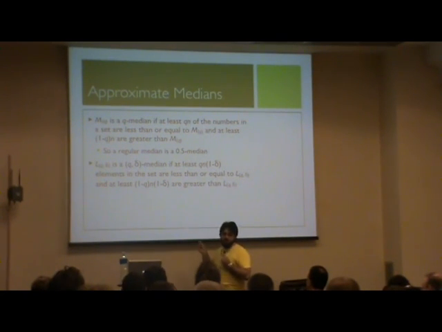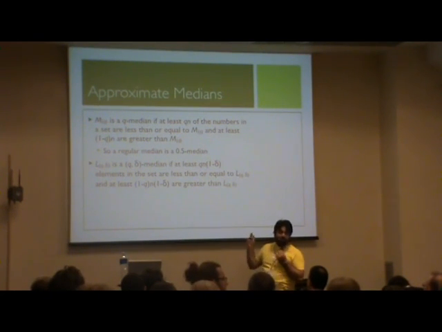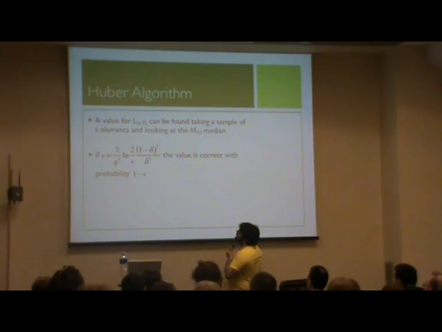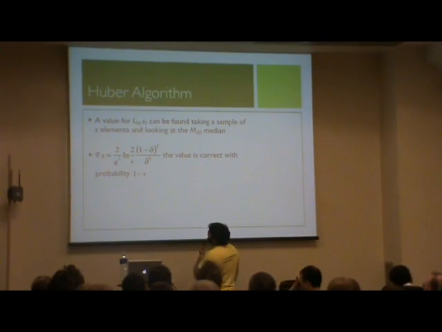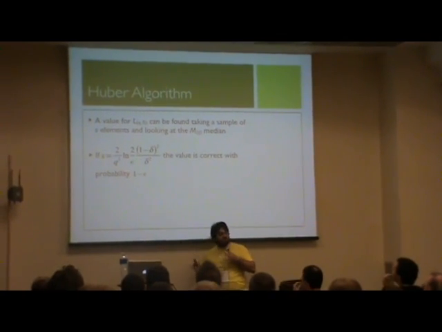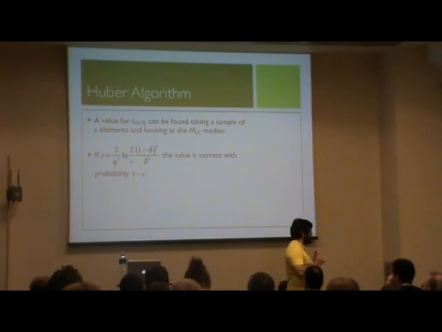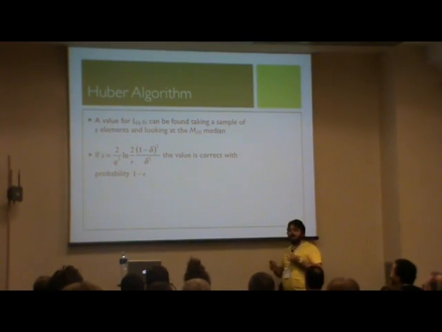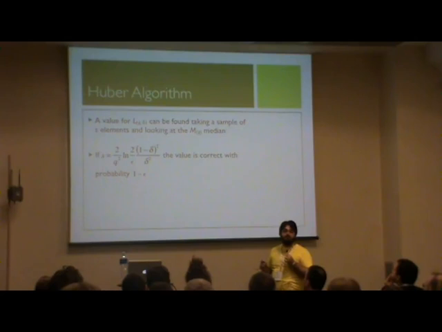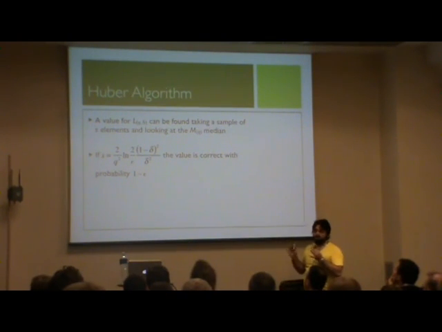If the data distribution is well behaved, then it doesn't matter. And this is extremely fast. This is Hoeffding's result. It gives us a precise size of the sample we have to choose in order to have a good estimate of the median.